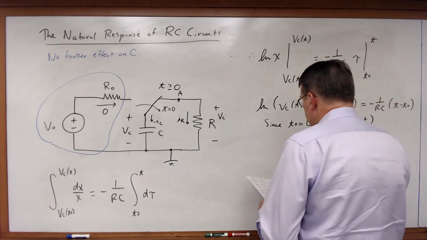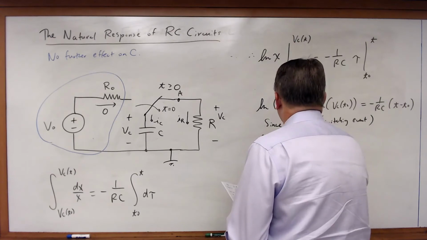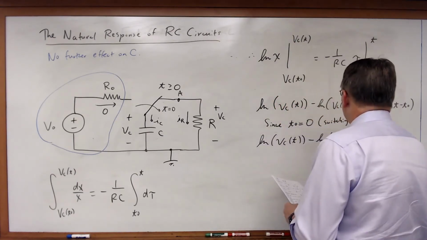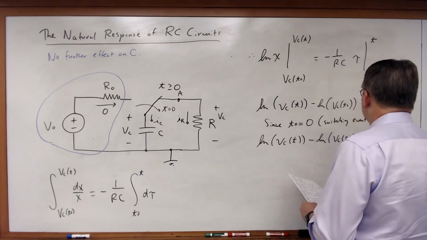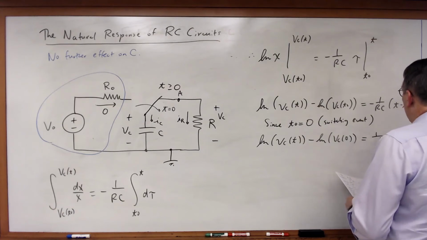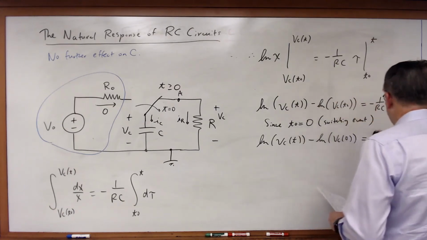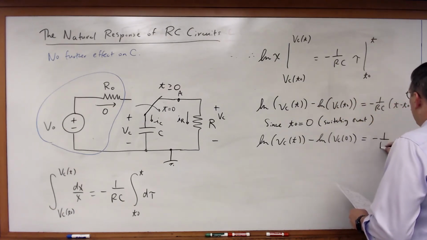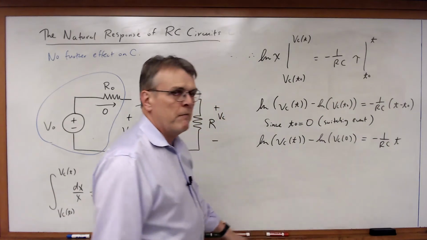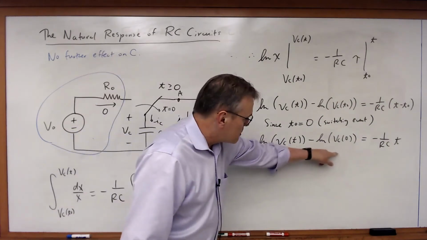Then in this case, the natural log of Vc(t) minus the natural log of Vc at 0 is equal to minus 1 over RC times t. And now we're going to use a little bit of math here, rules of logs.